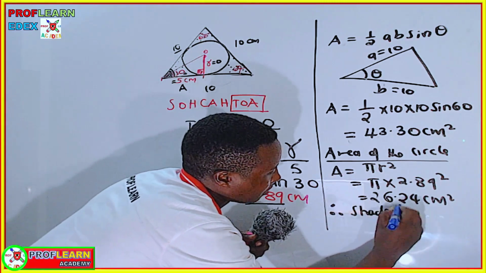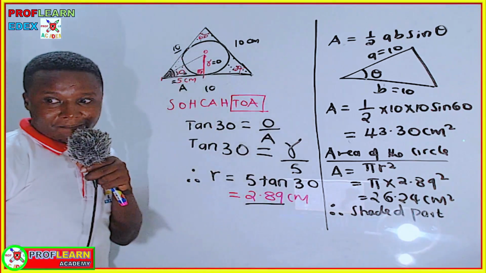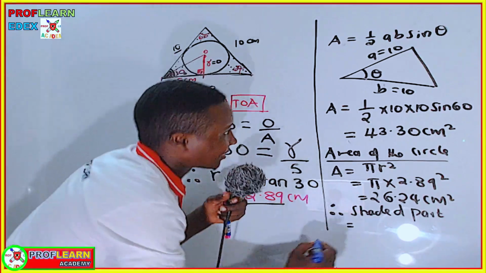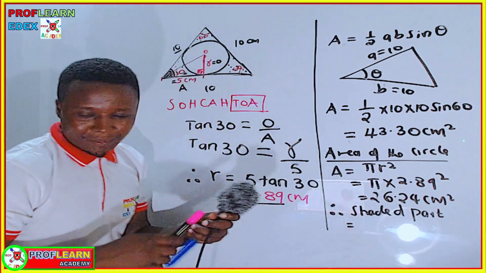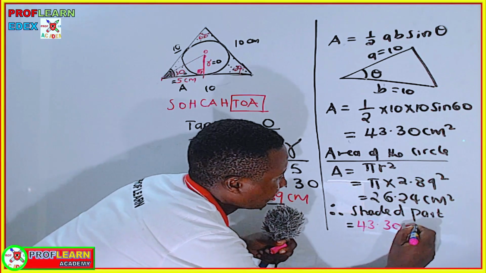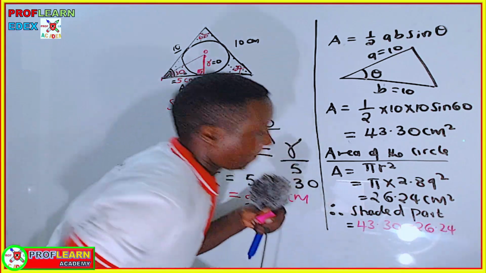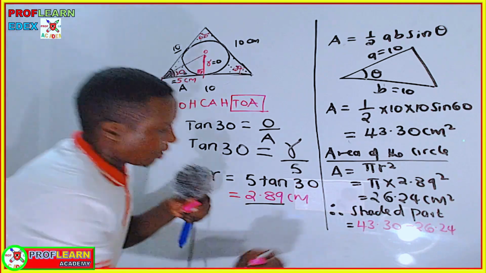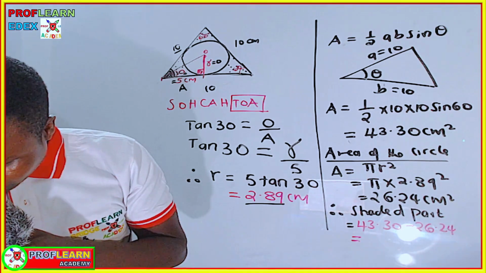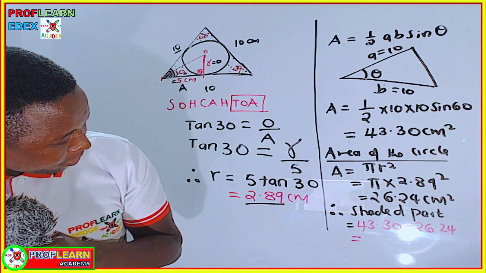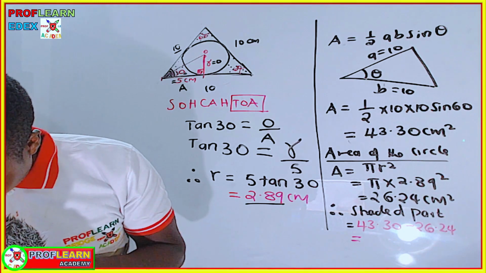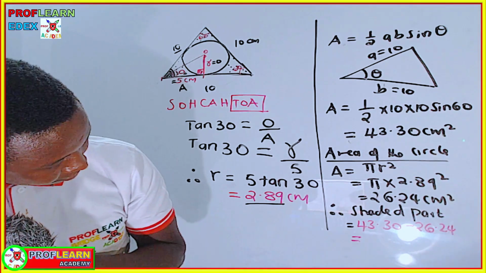Therefore, the shaded part is going to be the area of the triangle minus the area of the circle. So this is given by 43.30 minus 26.24.